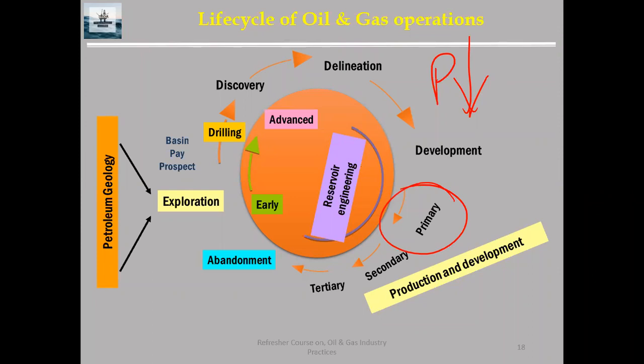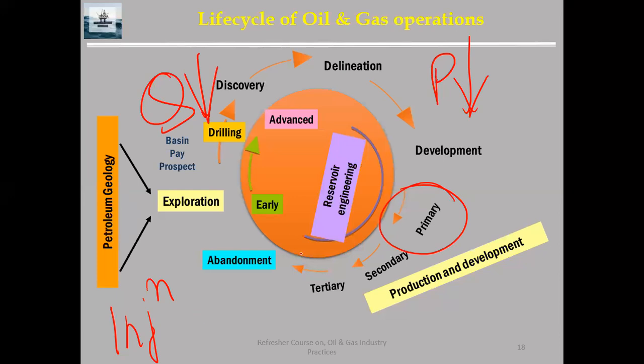So as the pressure depletion starts increasing and becomes dominant, the recovery of the fluids will also go down, right? In such cases, we require injection of fluids or displacing agents.